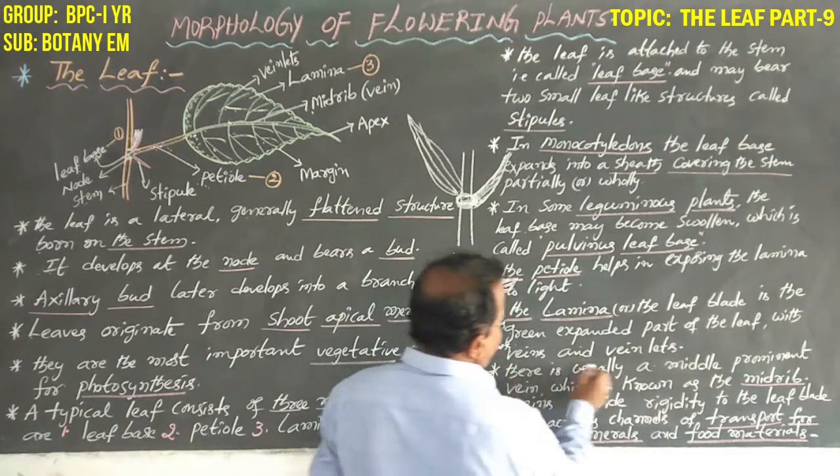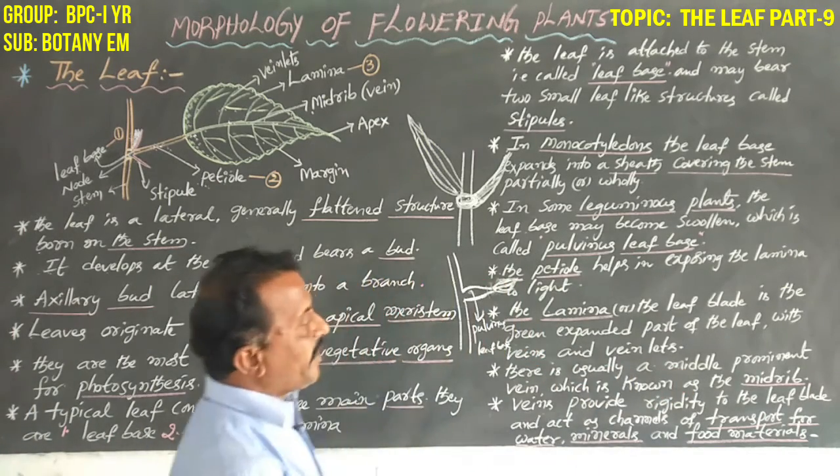Once again, there is usually a middle prominent vein, which is known as the midrib.